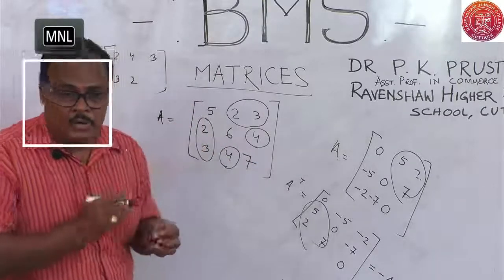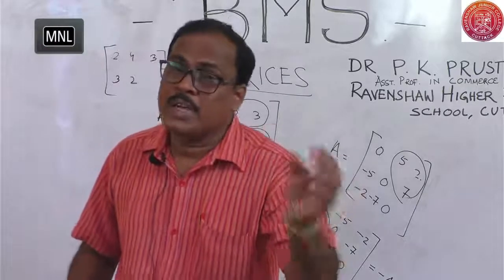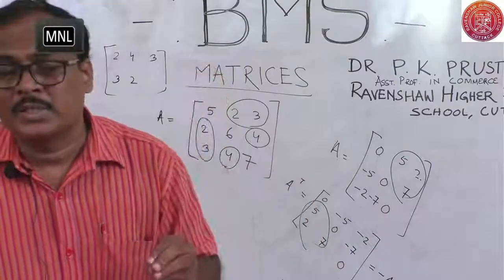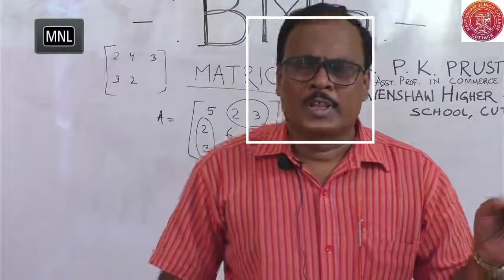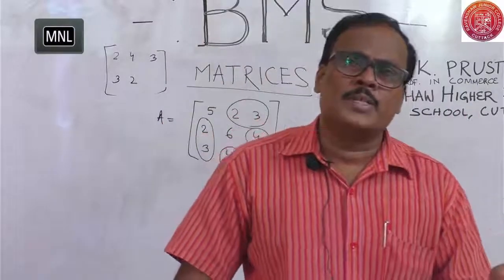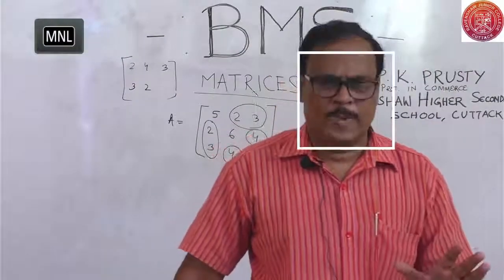Mainly you have found the opposites: square matrix and rectangular matrix, singular matrix and non-singular matrix, and row matrix and column matrix. In a row matrix there is only one row. In a column matrix there is only one column, irrespective of the number of columns and rows.